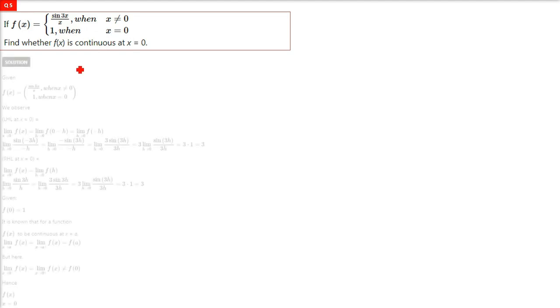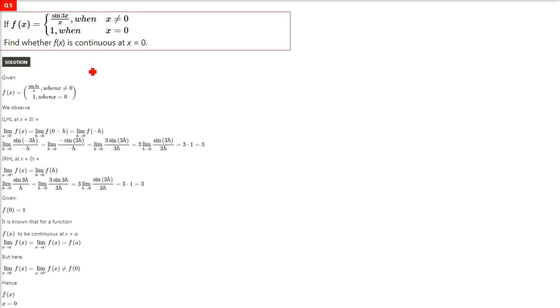Same criteria, same way: left hand limit, right hand limit, and at x equals 0, that is f(x). If x equals 0, it is going to be 1. So for left hand limit and right hand limit, we would like to have this number 1. So LHL, RHL. The point of discussion is x equals 0.